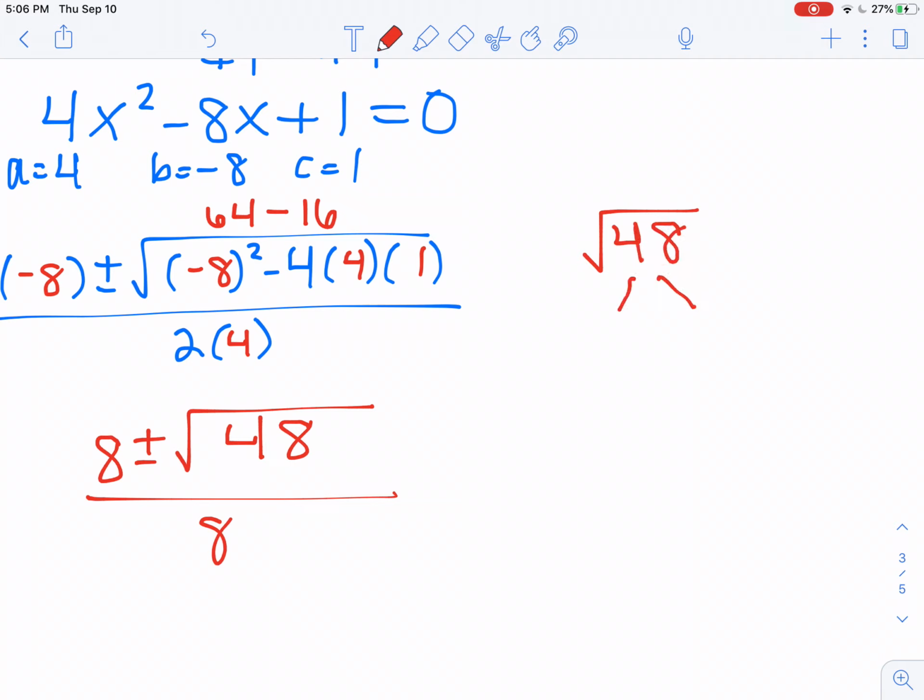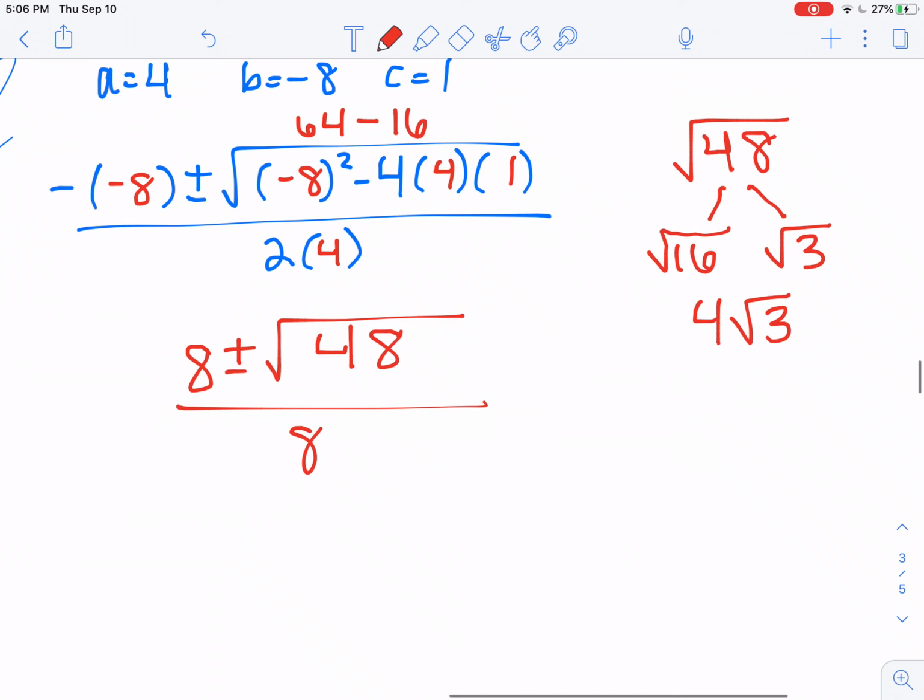I can break it up into its factors, 16 and 3. They're still under the square root because 48 is under the square root. And now I just take the square root of each. So the square root of 16 is 4, and the square root of 3 is a decimal, so we leave it as square root of 3. So I can substitute that in for the square root of 48. So this becomes 8 plus or minus 4 radical 3 over 8.